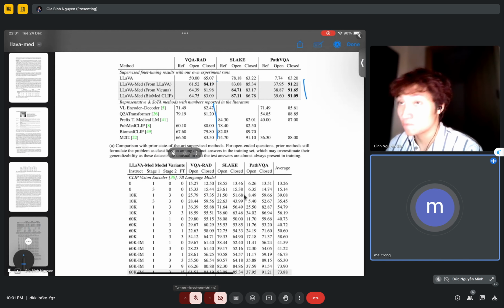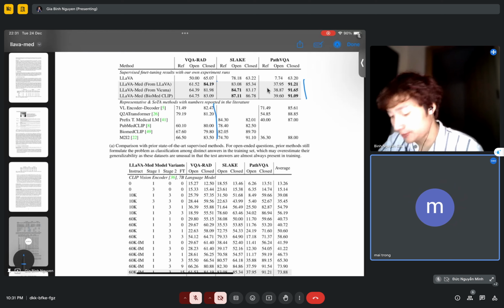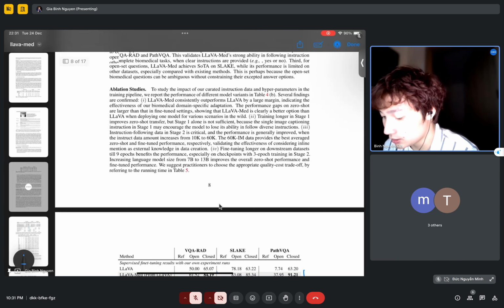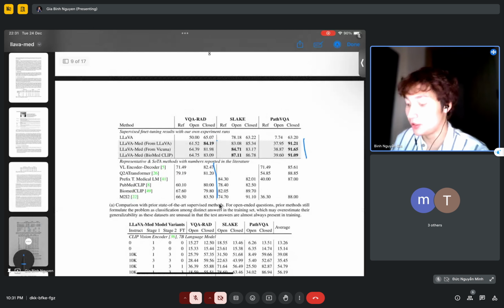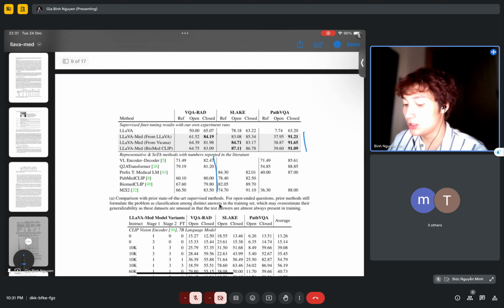I still don't see where they compare LLaVA with GPT. Oh, you don't see the number. We don't have a number here, but GPT is not trained to do this VQA task.